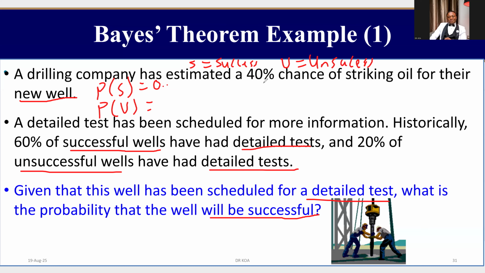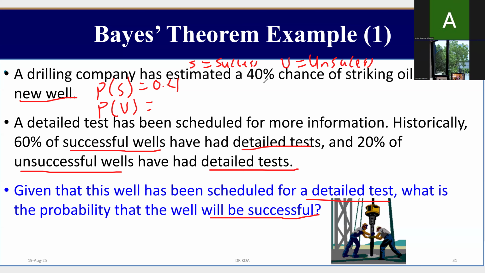Which means that the probability of unsuccessful striking will be what? 60%, 0.6. Very good.